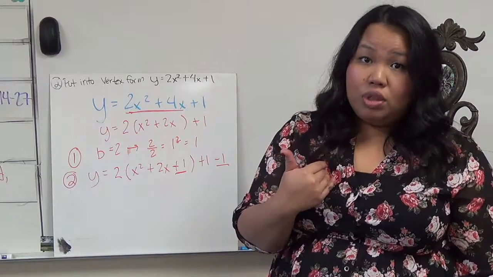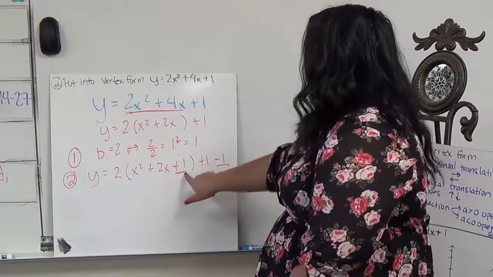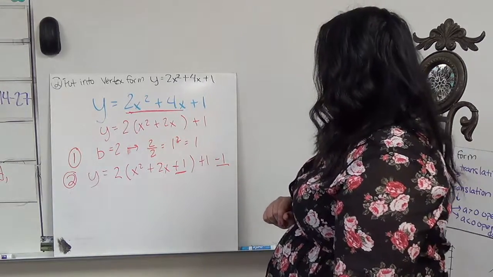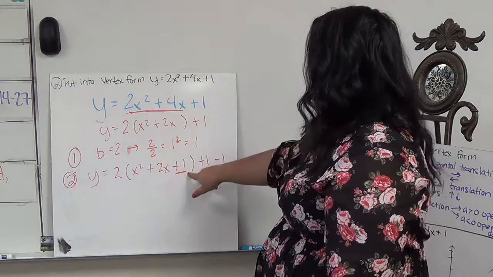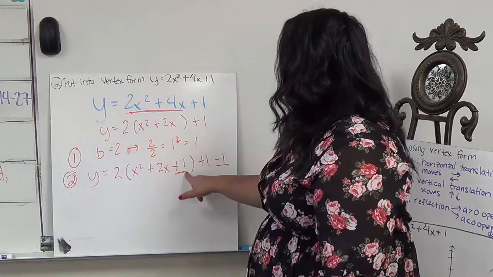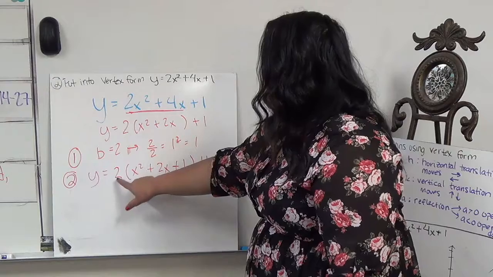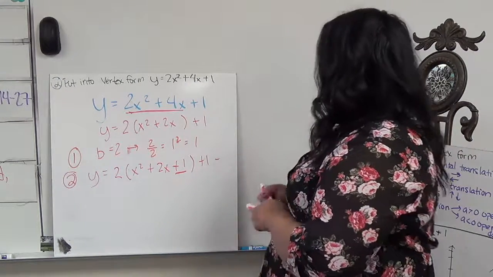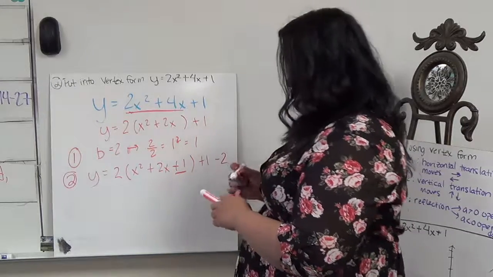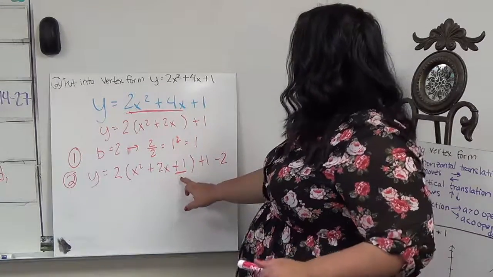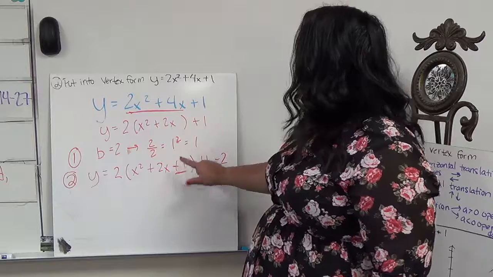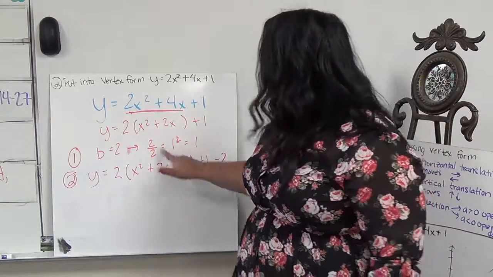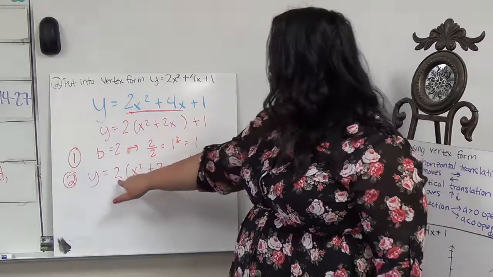Now I can do one of two things. I can divide this by 2, or if I'm multiplying this by 2, then I simply need to subtract 2. So one more time, the reason why I add 1 here but subtract 2 here is that this 1 actually represents 2, okay? 1 times 2 actually represents 2, right?